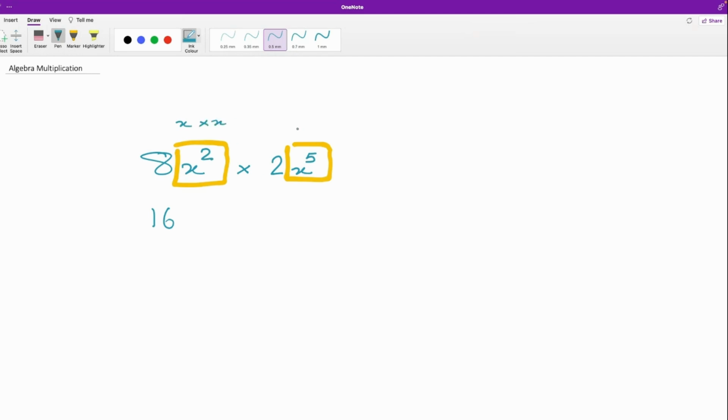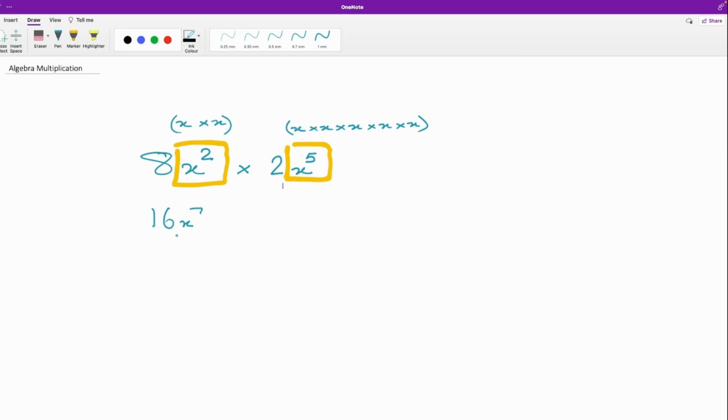X to the power of 5 means x times x times x times x times x. So 5 x's. And if those two are multiplying, altogether there would be 7 x's. So ultimately we would get x to the power of 7. And that is what appears in our answer.